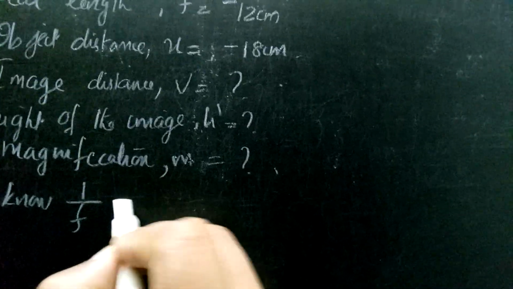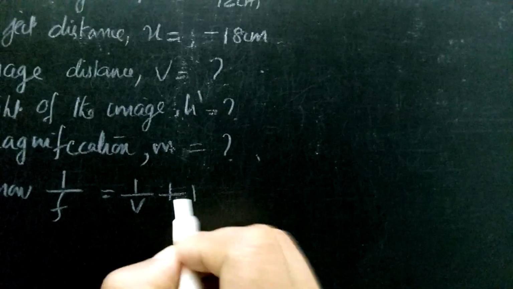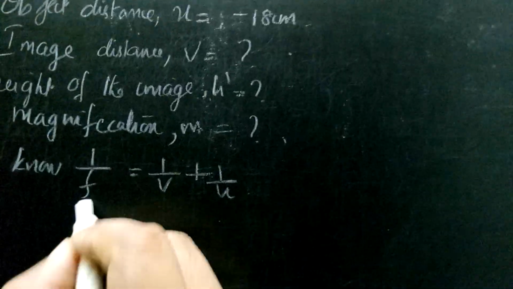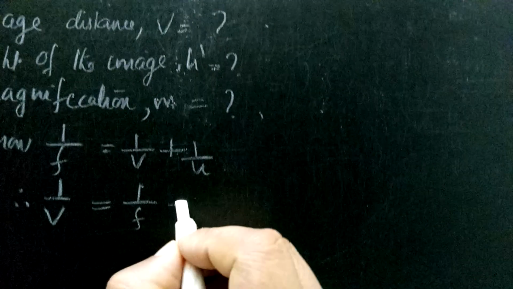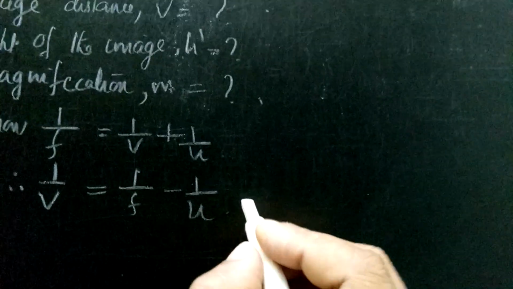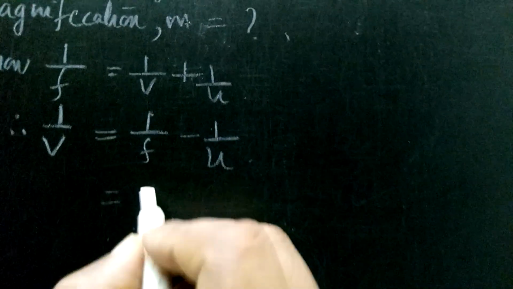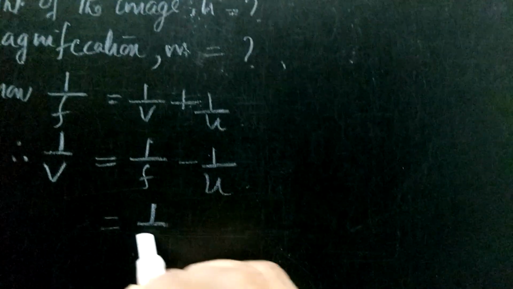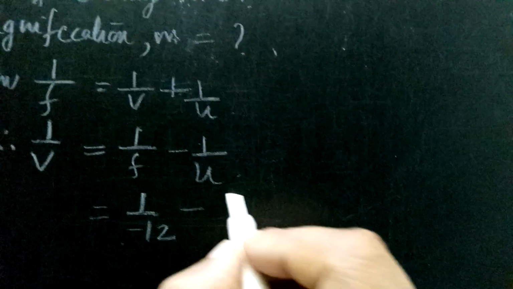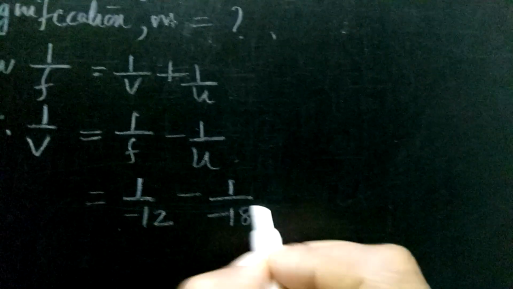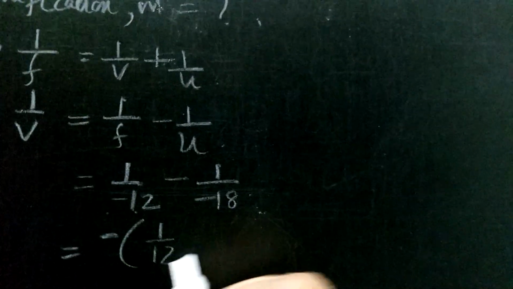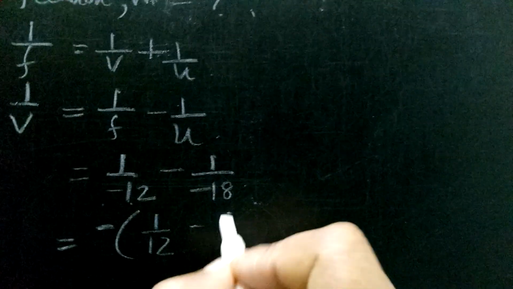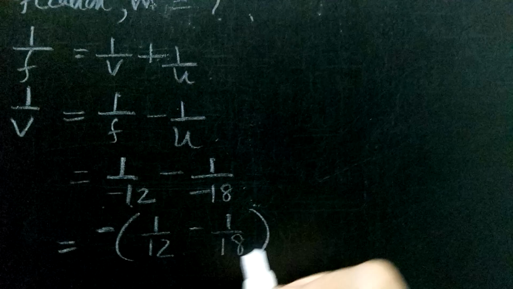We know 1 by f is equal to 1 by v plus 1 by u. So 1 by v is equal to 1 by f minus 1 by u. Then 1 by f means negative 12, minus 1 by negative 18. As usual we can take the negative sign outside for easy calculation. Then 1 by 12 minus 1 by 18.